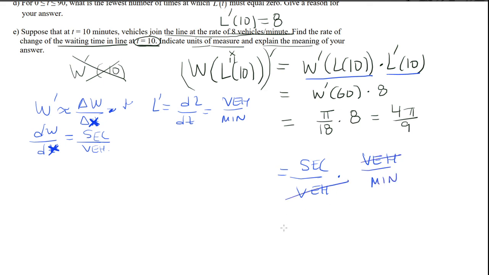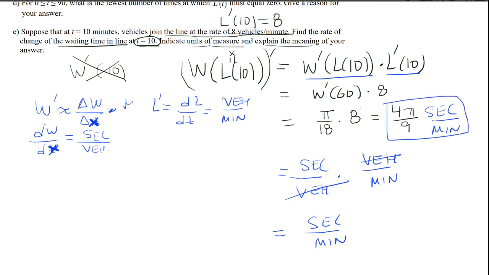Cross these off, we're left with seconds per minute. Okay. So those are going to be the units for the derivative of W of L of 10. And what does this mean? Well, this means that at t equals 10 minutes, the waiting time is increasing by 4 pi over 9 seconds every minute.